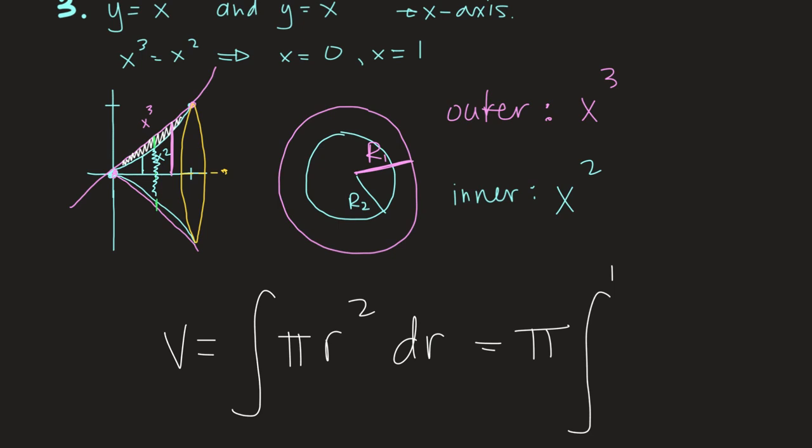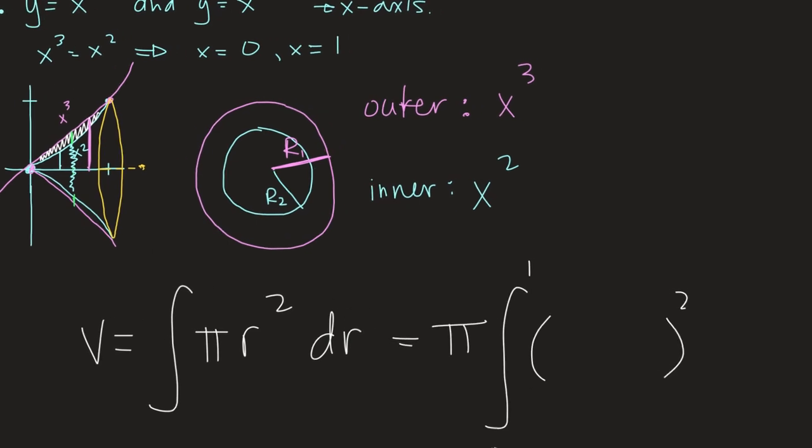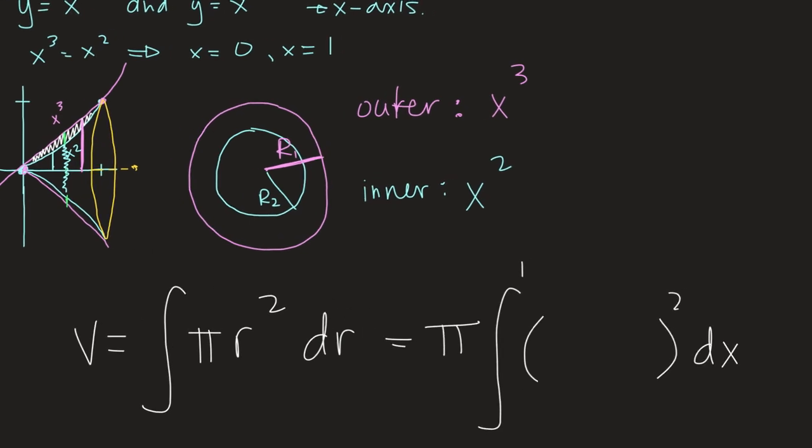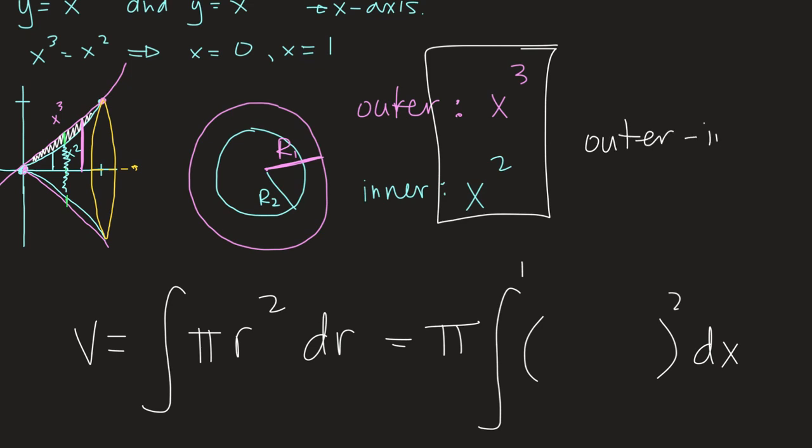Now the radius changes, and it's based upon these guys. The radius of our function is always the outer part minus the inner part. The outer radius minus the inner is telling us the actual thing that's making our volume. That's the stuff in between.